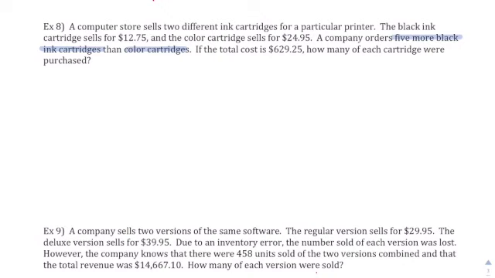When you do problems like this, you are talking about how many cartridges, and then how much. For example, one iPhone is $600. Let's just say that. 2 iPhones will be $1,200. So 1 and 2 is how many phones you have, and 600 and 1,200 is how much those phones are worth.